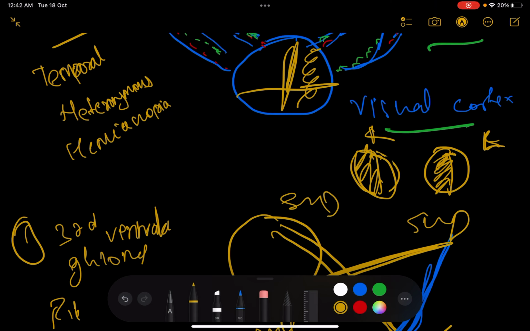So then it is called right-sided, because this is going to be a right, this is going to be a left, right, left, right. So it's going to be a right-sided contralateral homonymous hemianopia. That's it.